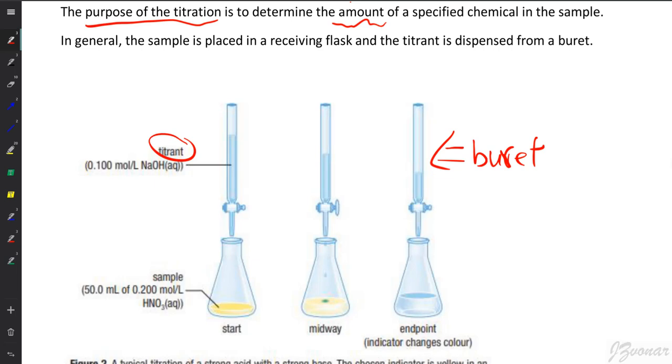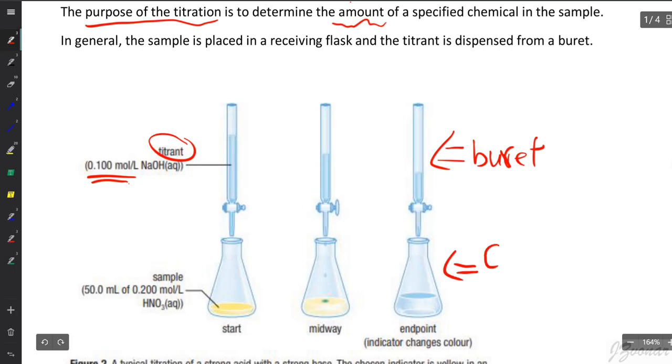In this case, we're placing a known concentration of 0.1 moles per liter of sodium hydroxide, which is a base, and we're dispensing little by little into a known sample volume of my unknown, which is my sample, and we place that into an Erlenmeyer flask.